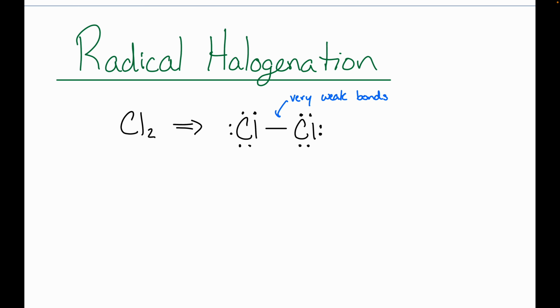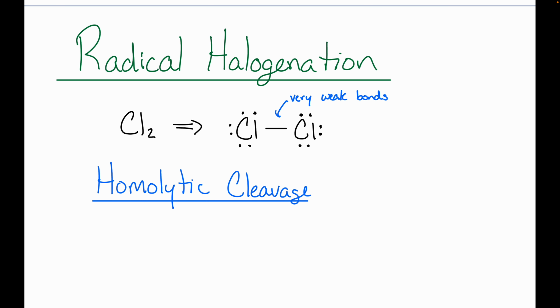These bonds are so weak that they can undergo pretty easily what's called a homolytic cleavage. This is a weird type of bond breaking, something that we haven't seen before. It's called homolytic because the bond breaks evenly. This is what would be called a symmetric bond breaking.